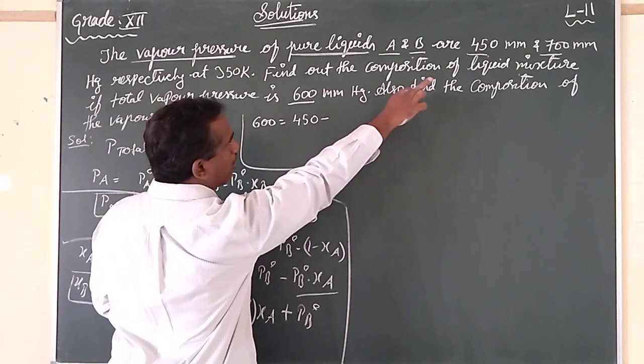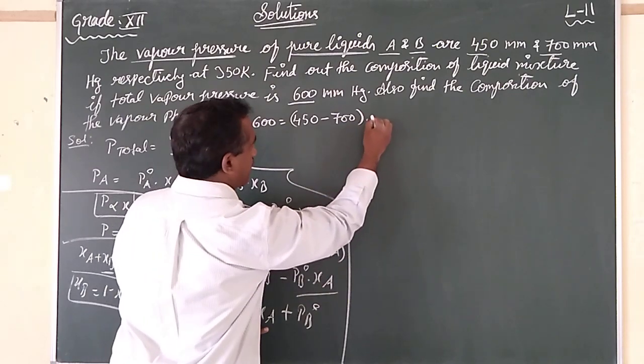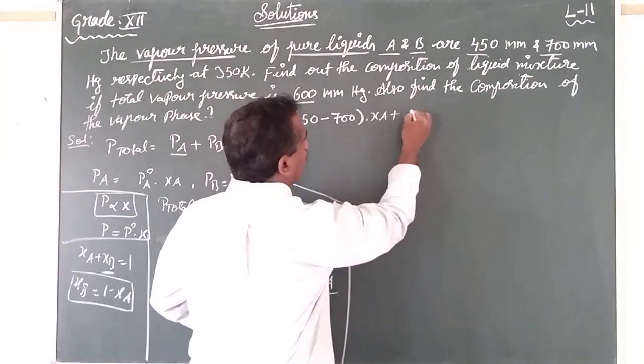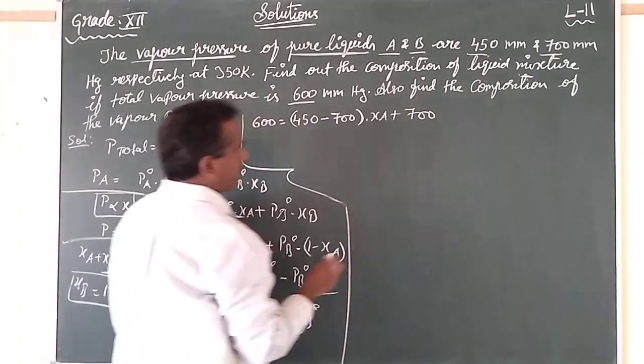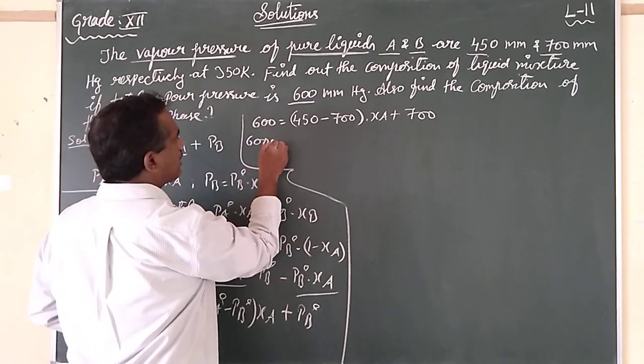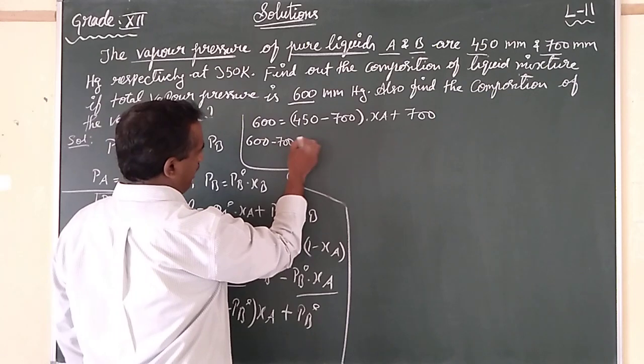How much is PB naught? 700 they have given. Okay. Into XA. We don't know the value of XA. Plus PB naught, which is 700. So once we bring this 700 to the left-hand side, we can write 600 minus 700, or directly this is minus 100.